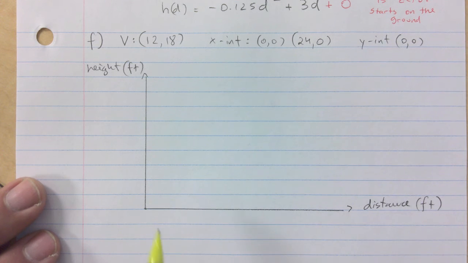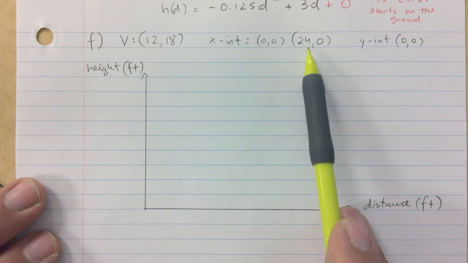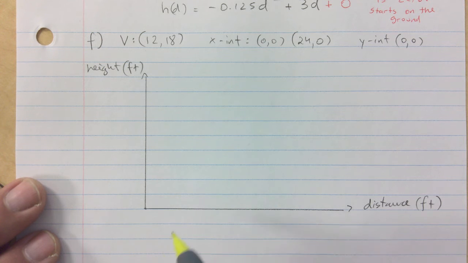For my x, you want to decide how far you need to account for, and my x-intercept, the one that's furthest out, is 24. So if I go up to 30 or 25, you're good to go. So what I'm thinking is going up by 5: 5, 10, 15, 20, 25. If I get there, then I'm good.